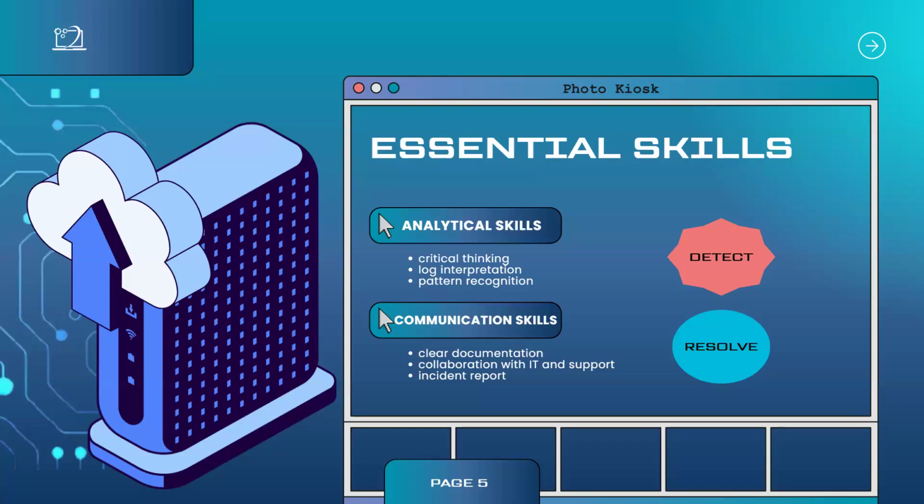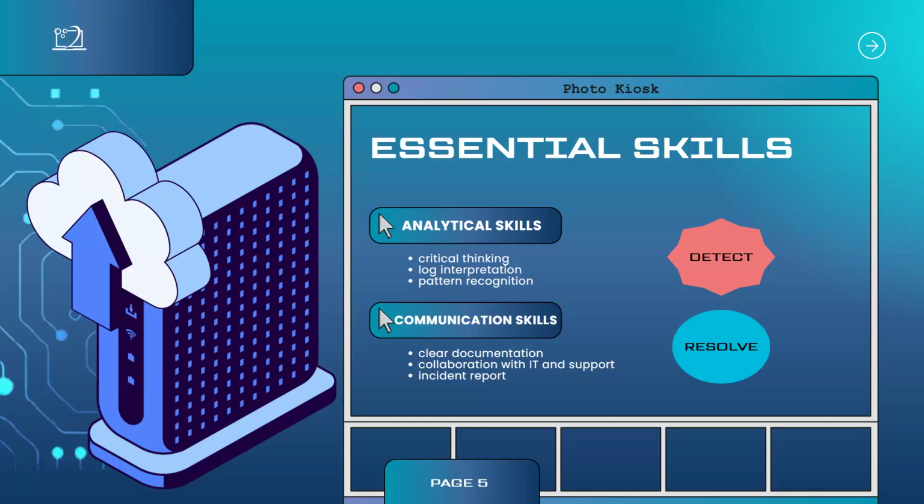You have to learn anyway. And if you switch from one SIEM to another, the learning curve is kind of steep. So keep in mind there are certain traits you should have, including analytical ones like critical thinking, log interpretation, and pattern recognition. This would come from using a SIEM previously, your experience.